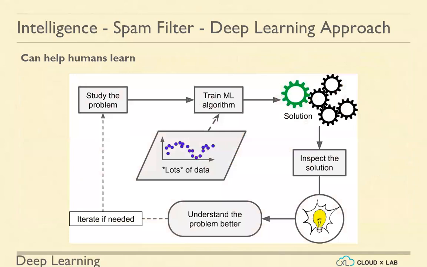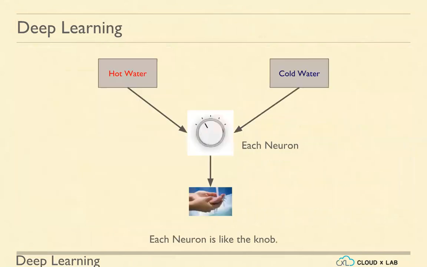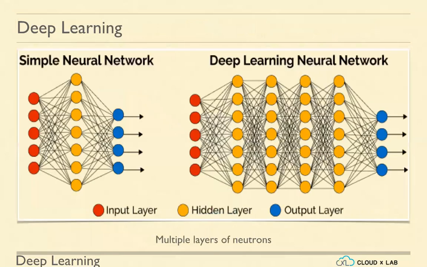I mainly talked about the deep learning approach, and then the artificial neural networks. Basically, the idea is to come up with those combinations of the knobs such that we can get the desired output given the input. And that's exactly what a neural network is all about.